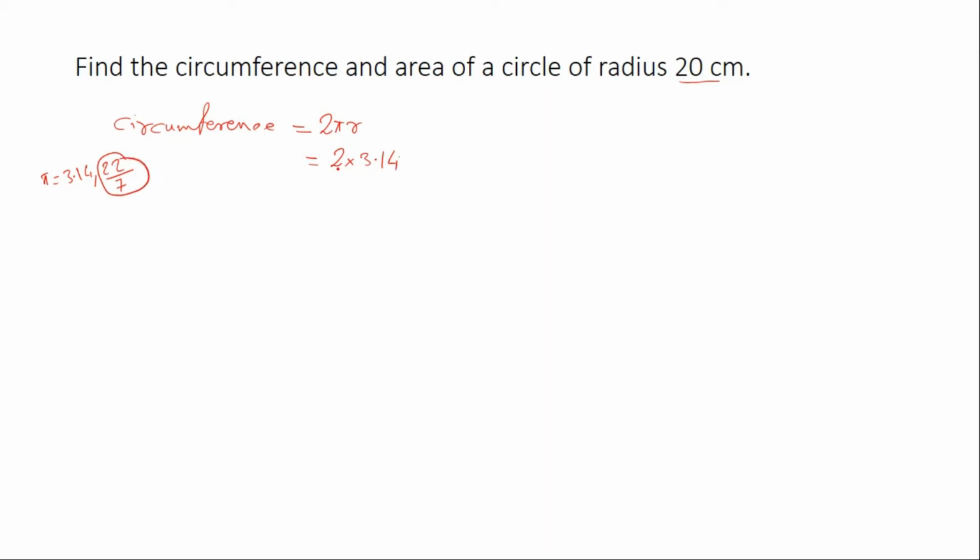Okay, so we have written 2 into 3.14 into radius. The value of radius is 20. Now if you multiply it, the value will be 125.6 centimeter. After that we have to find area. So the area of circle is pi r square.